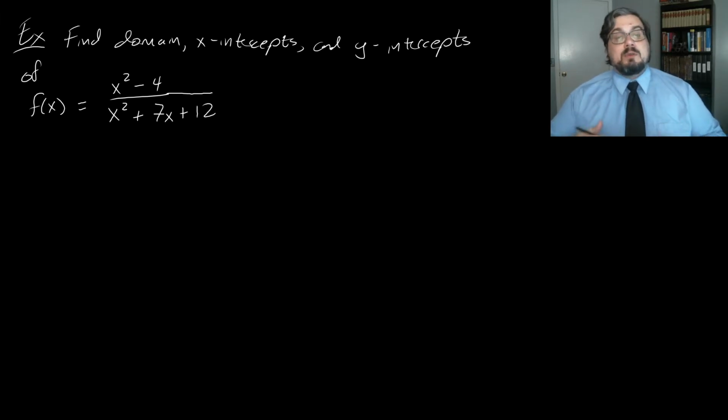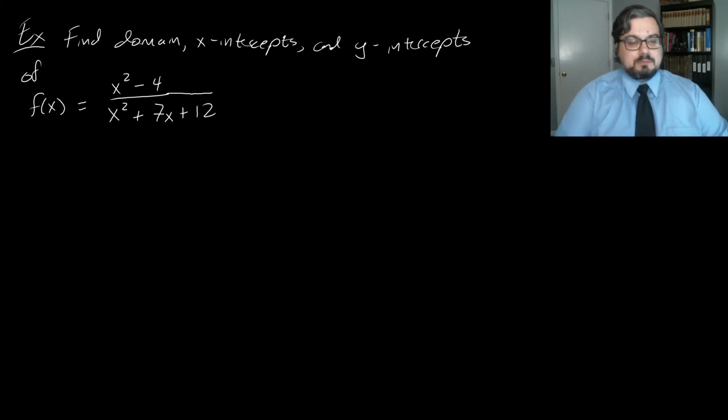However, for things that we're going to see in a moment, we're going to want to factor the numerator and denominator for other reasons as well. So usually when you're working with a rational function, the best thing to do is to just start your whole process by factoring the numerator and denominator if possible. So we start by factoring the top and bottom.